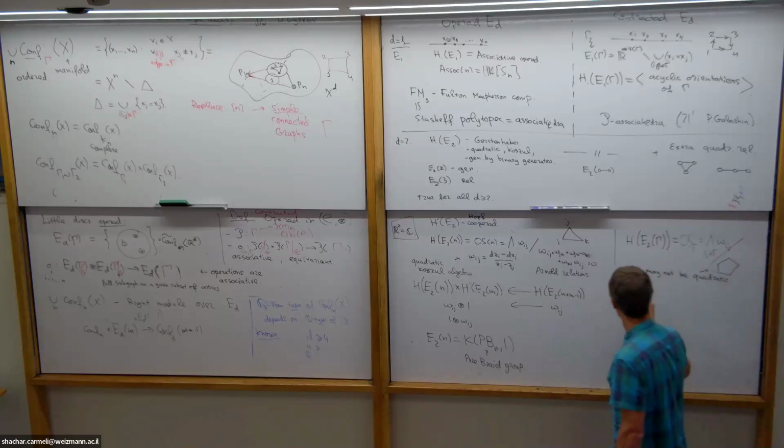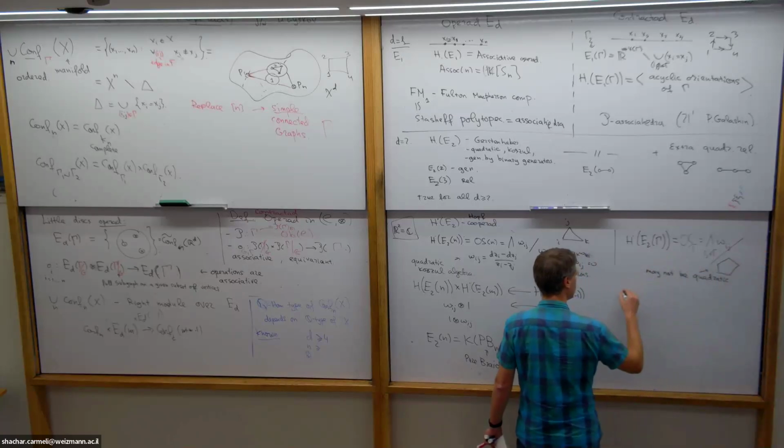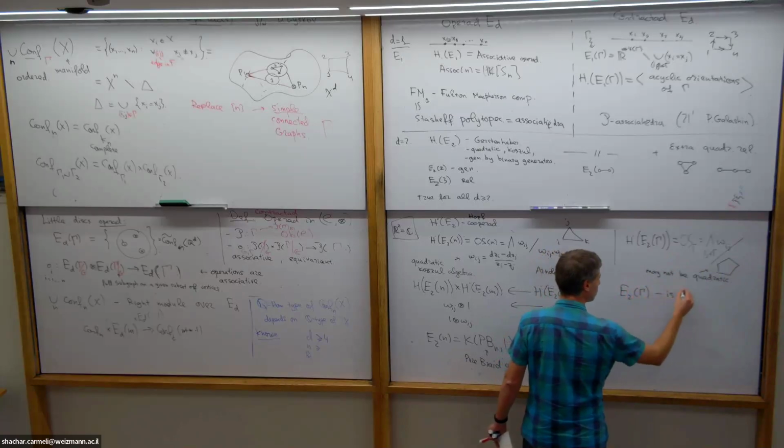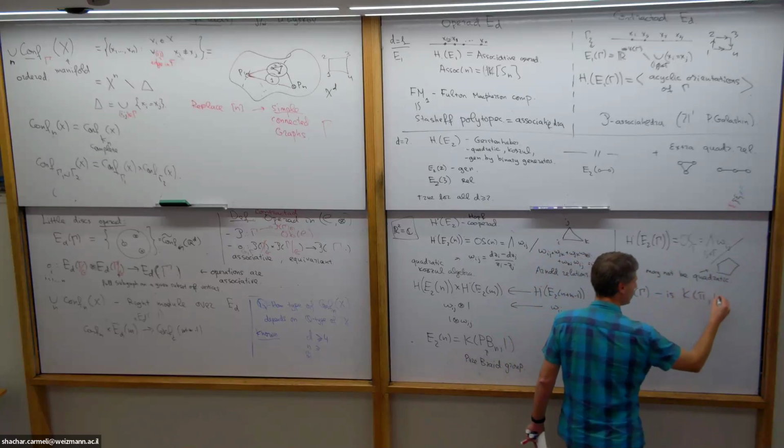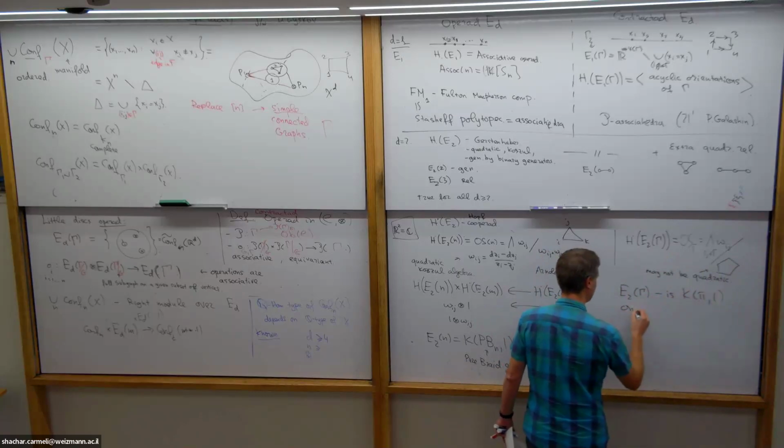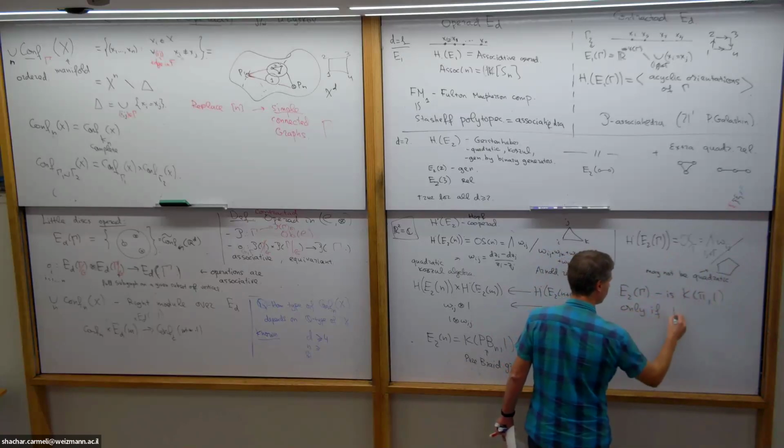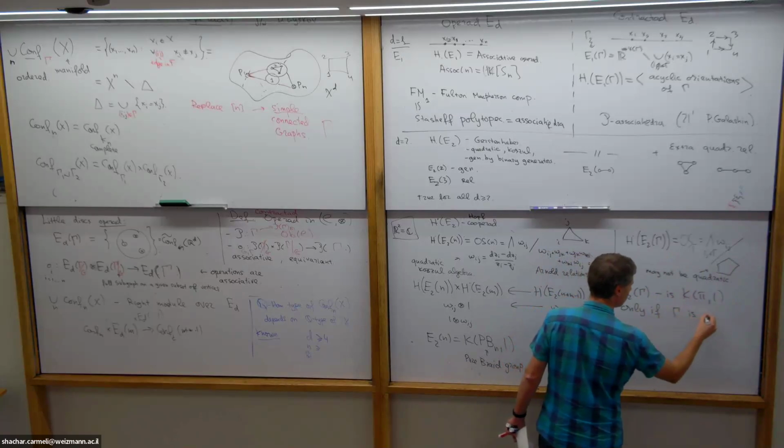So E2 of gamma is a K(pi,1) only if gamma is chordal.